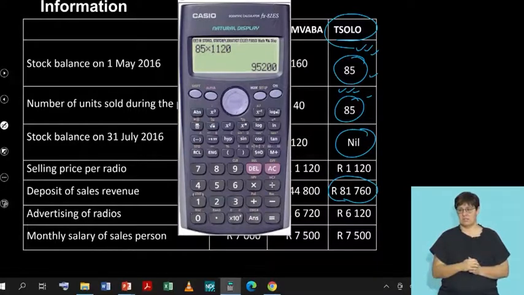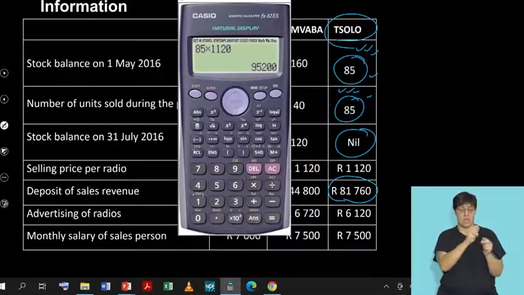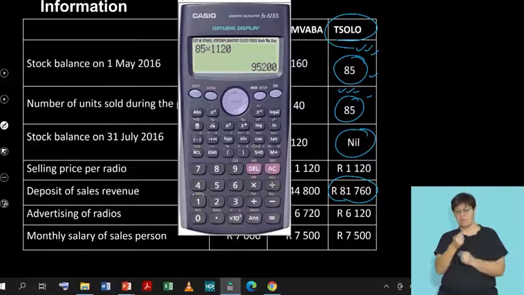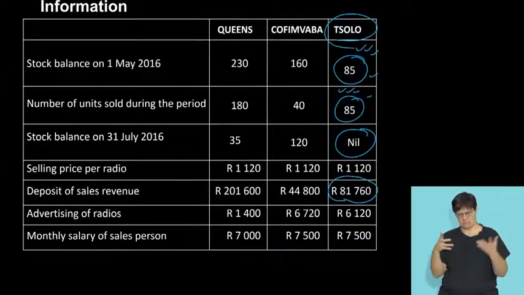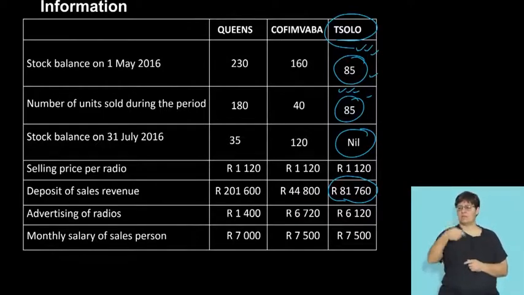I said we sold 85 units, as we can see here, and the selling price per radio was 1,120, meaning if I multiply the units by the number that I sold, I should deposit an amount of 95,200. Okay, now let's look at what I deposited. I only deposited 81,760.